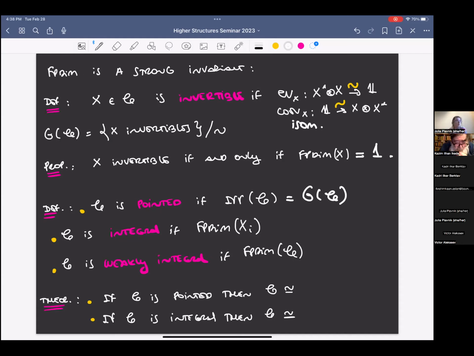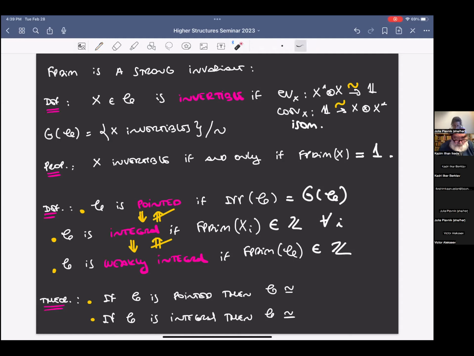And then we could make this less strong. Instead of asking that all simple objects have dimension 1, we could have asked that all the simple objects have integral dimension. In that case, we call the category integral. Or even more, we could soften the request and ask that the dimension of the category is integral. If you see, this implies this and this implies this, but the implications in the other directions don't work.